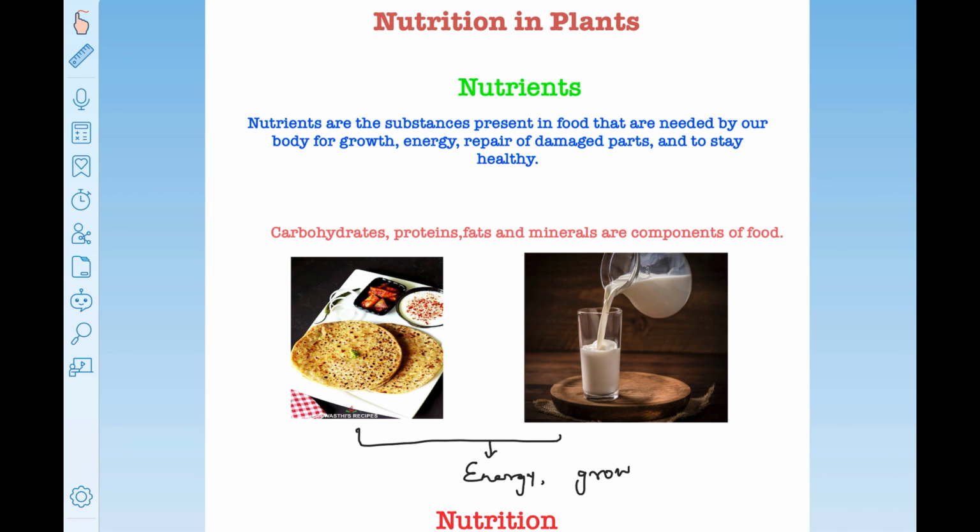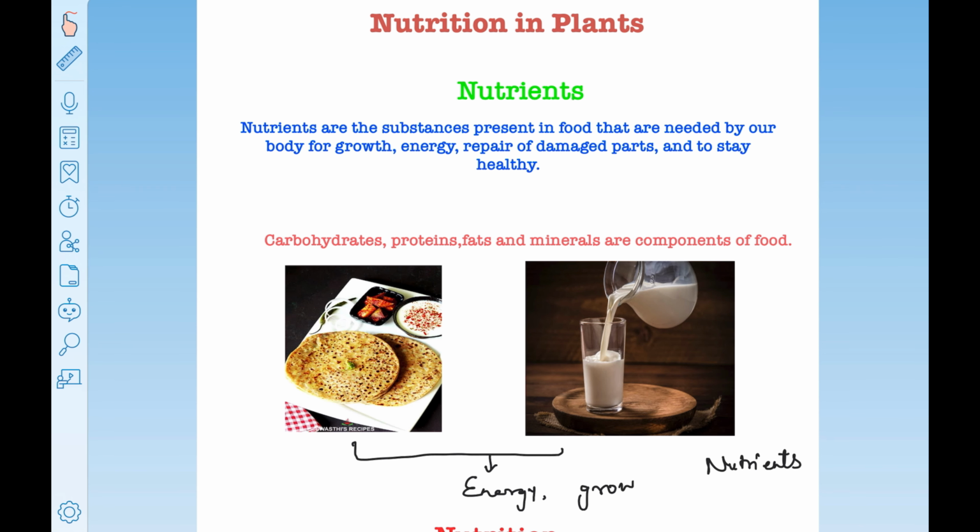So, our food items contain some important substances known as nutrients. What are nutrients? So, nutrients are the substances present in our food that are needed by our body for growth, energy, and repair of all the damaged parts and also to stay healthy.